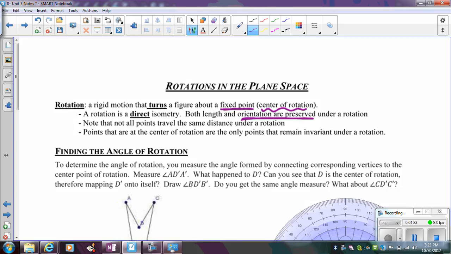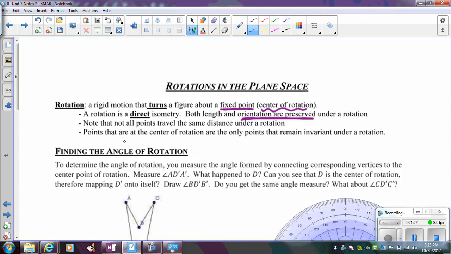This is going to use that same idea. We're going to look at each individual pre-image point, and we have to keep the distance from the center to that pre-image point the same to get to the image, but not all pre-image points are going to use that same distance. So not all points use the same distance, but each set of pre-image to its corresponding image point will use the same distance.